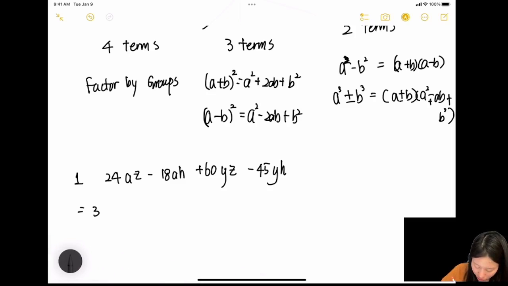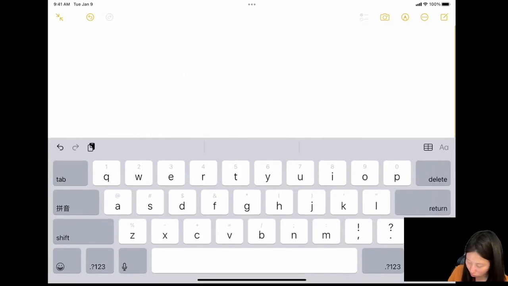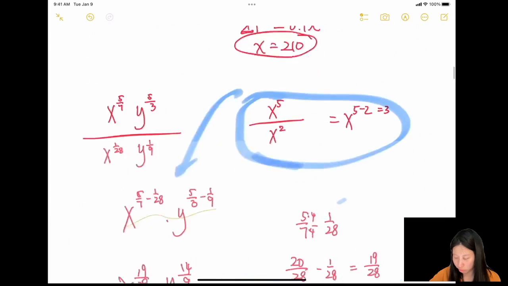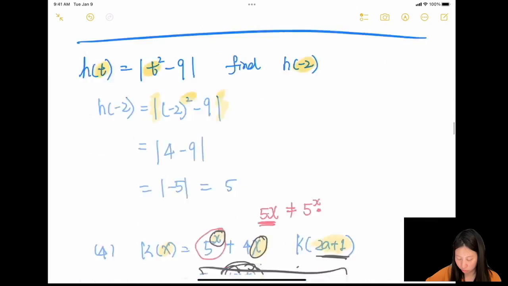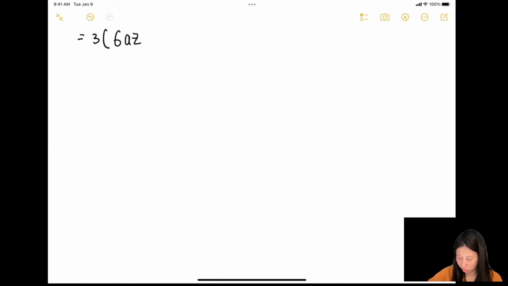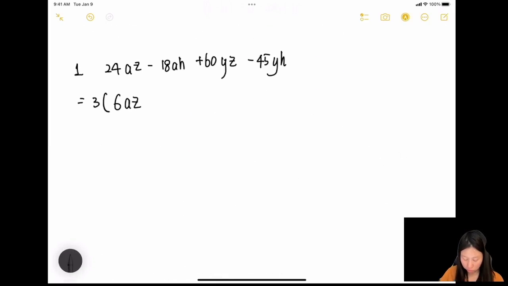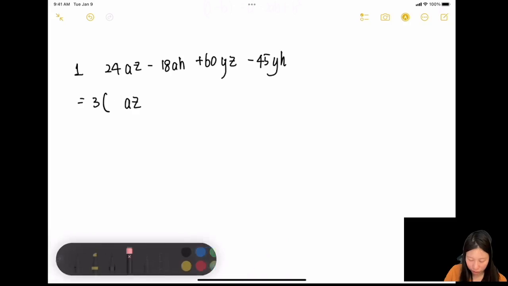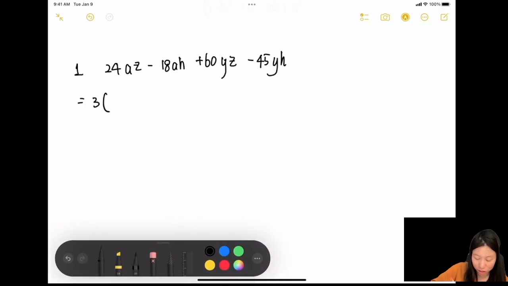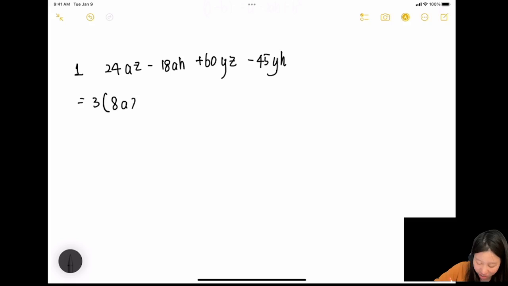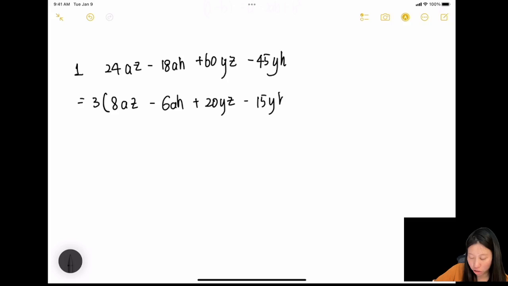So 3, we have what? Not 6az. When you factor the 3 out, you have 8az minus 6ah plus 20yz minus 15yh.